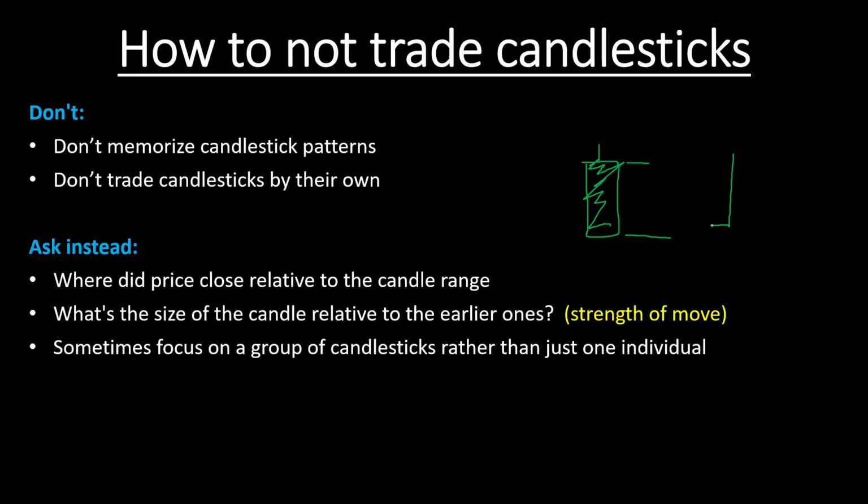Whereas if we're looking at this, even though it is a bullish candle, price opened here and closed here. Relative to the range, there is large selling pressure. So even though this is a bullish candle, as I mentioned before, it still shows signs of bearish strength. So what's the size of the candle relative to the earlier ones?